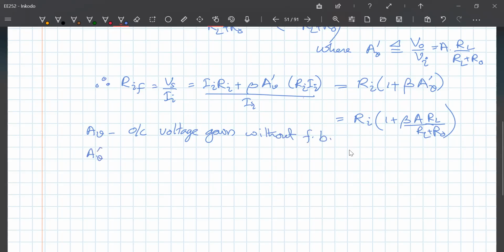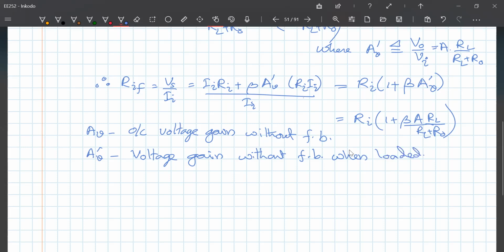AV dash is the voltage gain, open circuit again, without feedback, when loaded, when the load is connected, when the output resistor is connected.